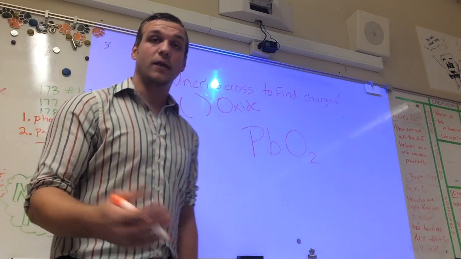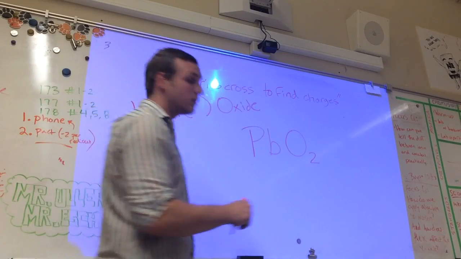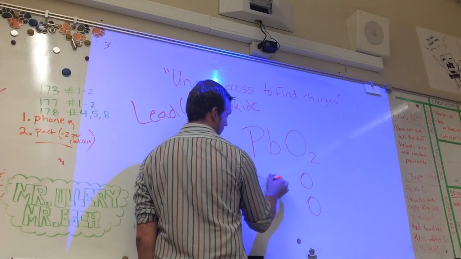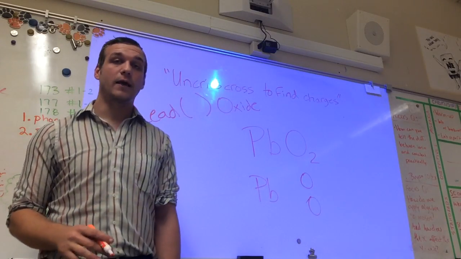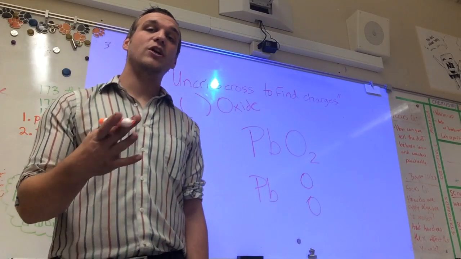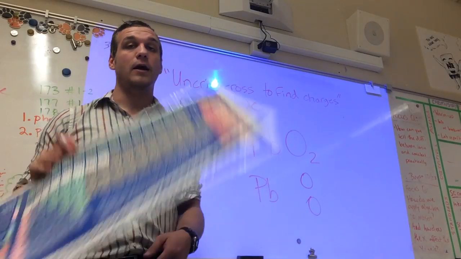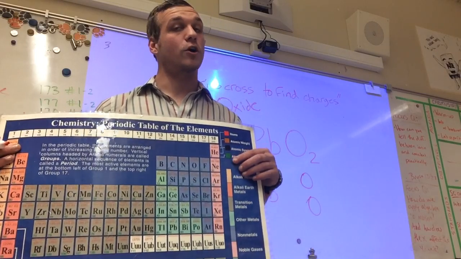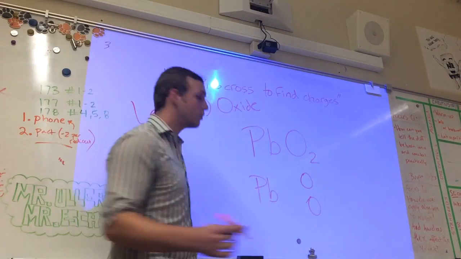So let's try the technique we just used. We have 2 oxygens, so I'm going to put 2 oxygens and 1 lead. Okay? Each oxygen, if you look at your periodic table, has a charge of 2 negative.